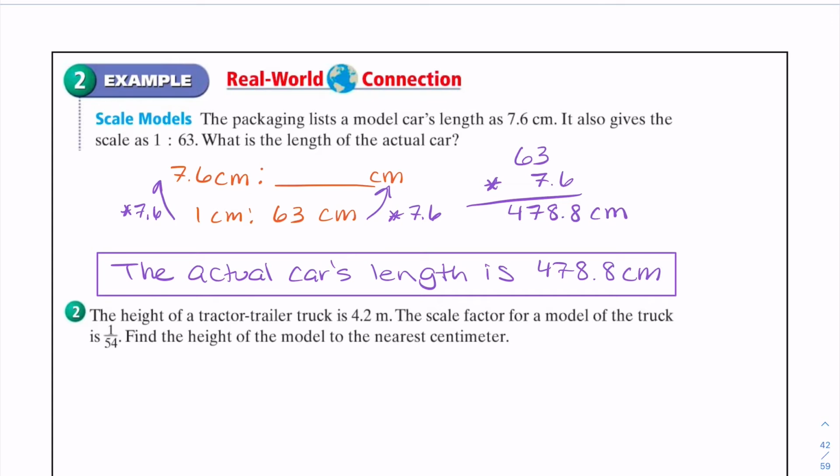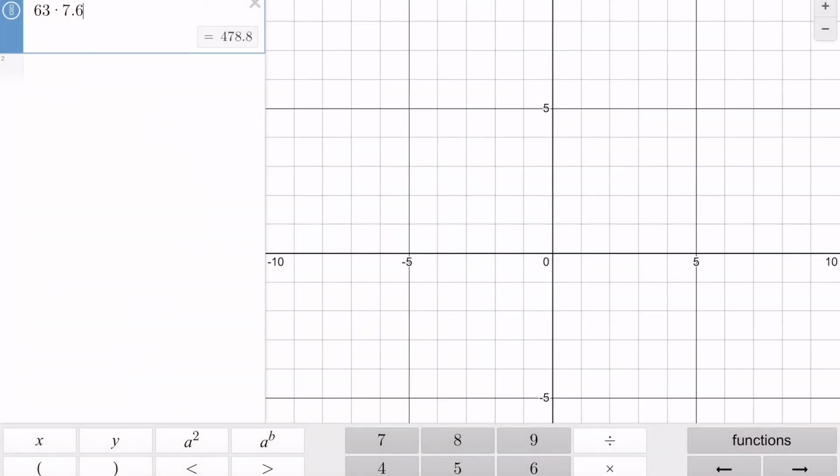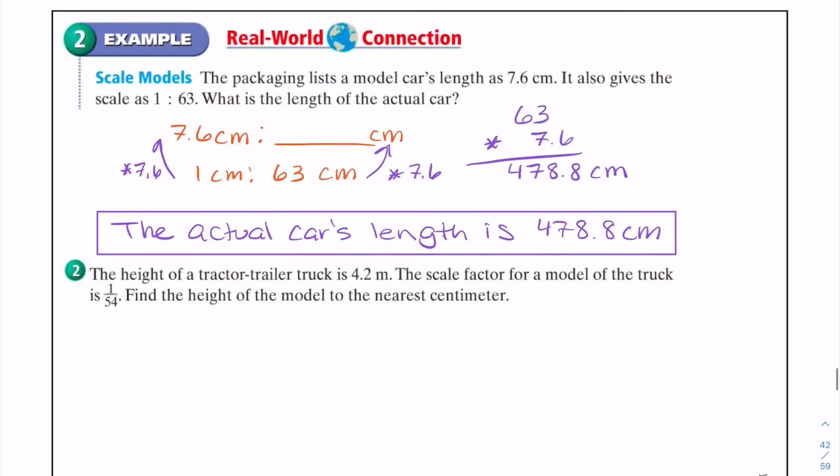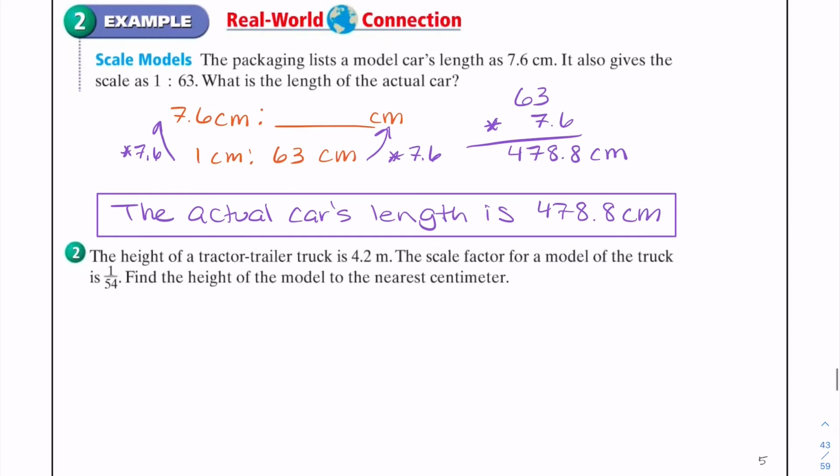Okay, 63. Let me just make sure I did that right. 63 times 7.6. Yep, 478.8. Just seems small. Okay.